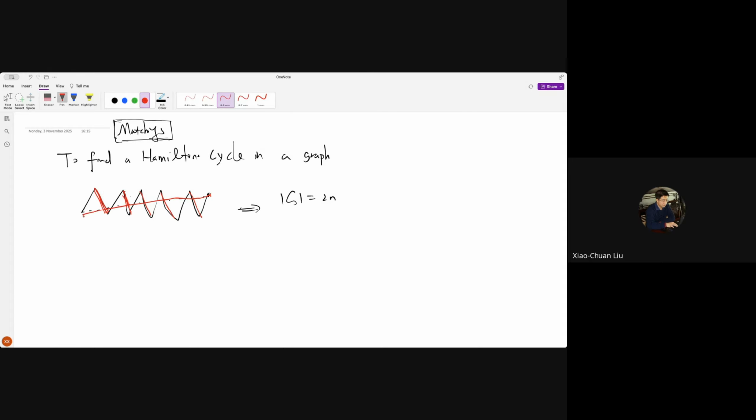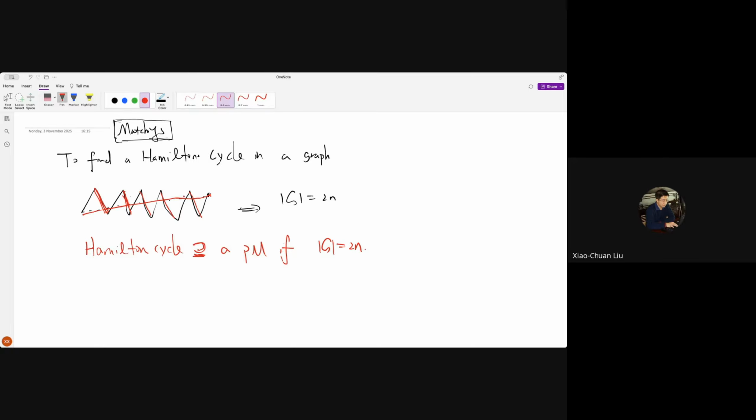So it's a matching. You see. So in fact, a Hamilton cycle clearly contains a perfect matching, if G has an even number of vertices.